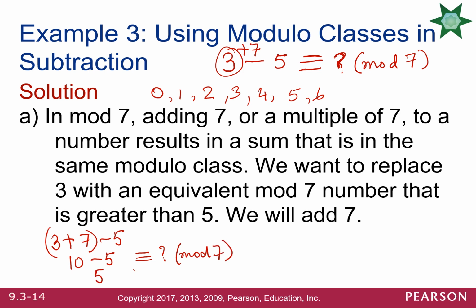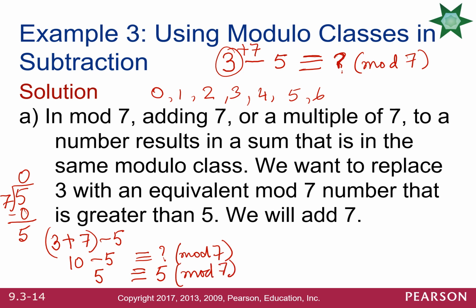So 5 is equivalent to what mod 7? When you divide 5 by 7, what happens? This is 0. You write a 0 and your remainder is 5, isn't it? So 5 is congruent to 5 mod 7.